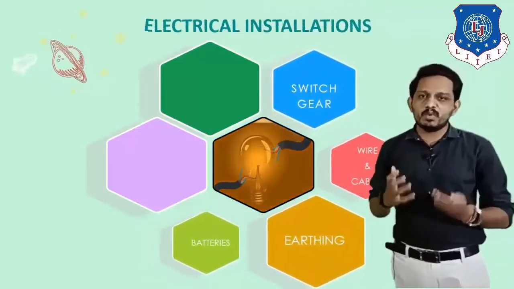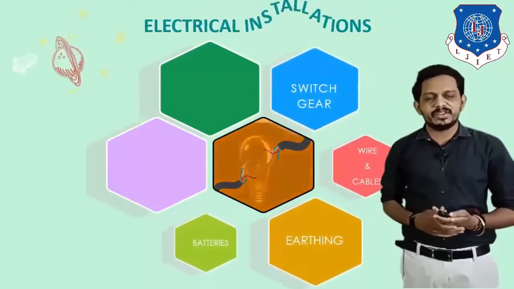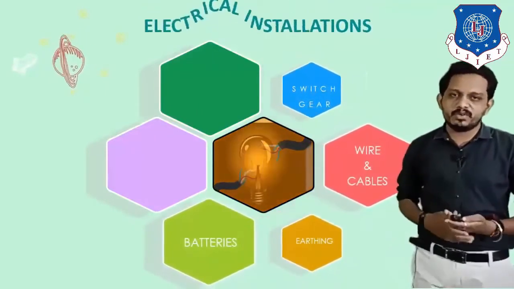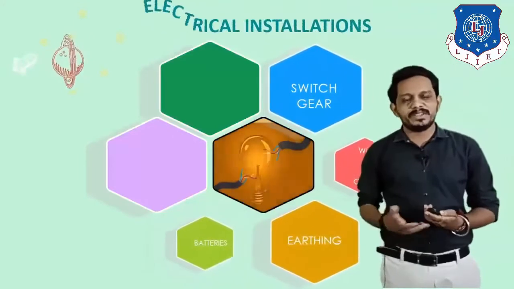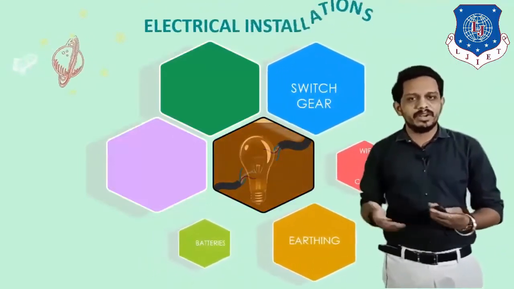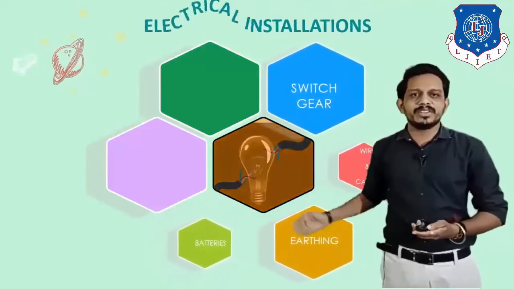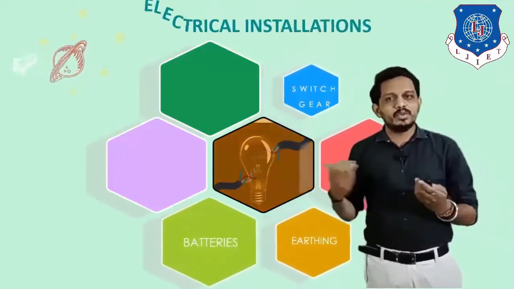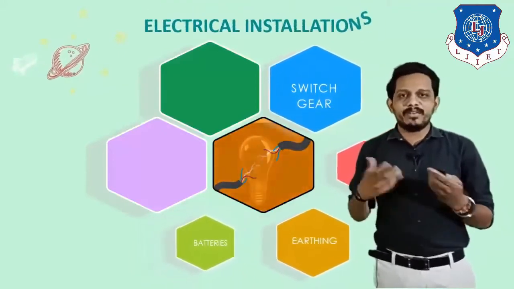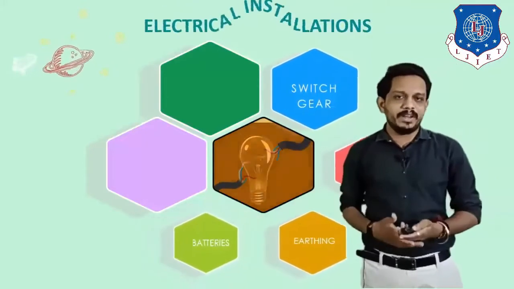Earthing is the most important parameter in domestic as well as industrial appliances. We must earth any type of device. Earthing has different types that we will discuss over here, that is pipe earthing and plate earthing. Next, we are going to discuss the batteries. We will discuss how a battery is constructed, how it works and its application.